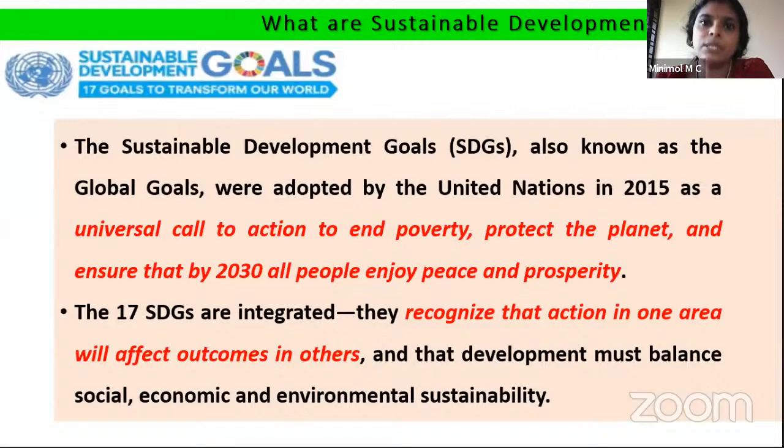And as you all know, sustainable development goals, popularly known as SDGs, were adopted by the United Nations in 2015 as a universal call to action to end poverty, protect the planet, and to ensure that by 2030, all people enjoy peace and prosperity.